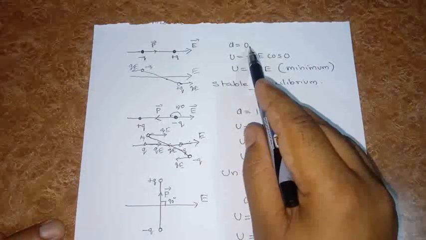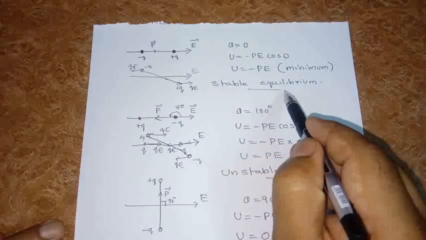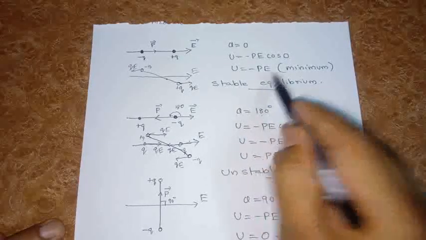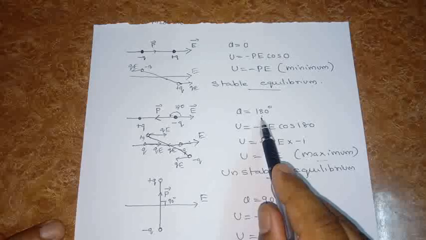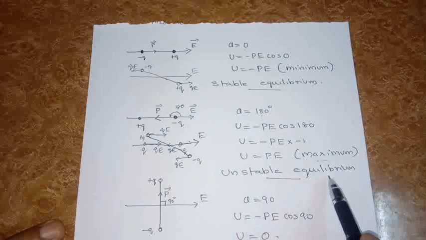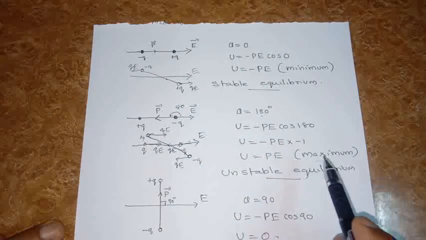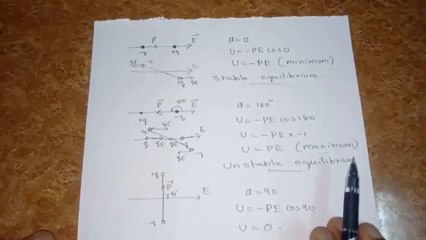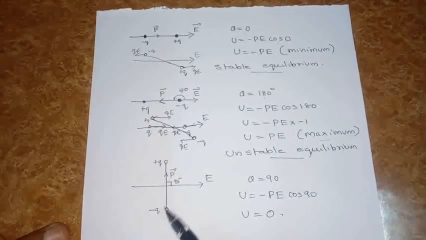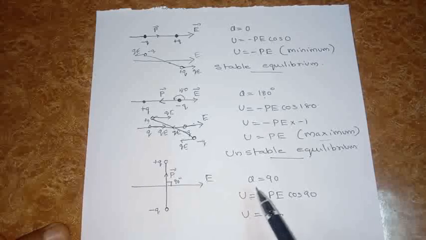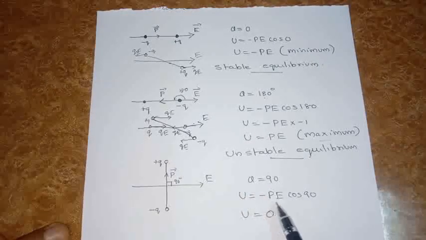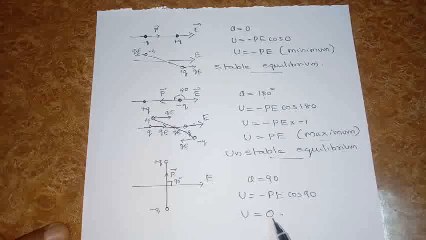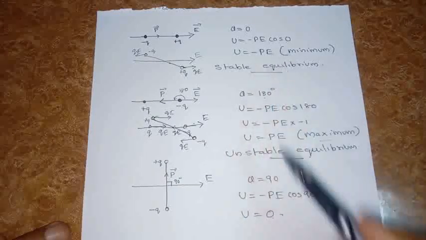So the theta is equal to 0 configuration is called stable equilibrium, where potential energy is minimum. The theta is equal to 180 configuration is called unstable equilibrium, where potential energy is maximum. Now theta is equal to 90, the dipole is placed perpendicular to the electric field. For theta equal to 90, U is equal to minus P E cos of 90, so U is equal to 0. U is equal to 0 is not the minimum; U is equal to minus PE is the minimum.